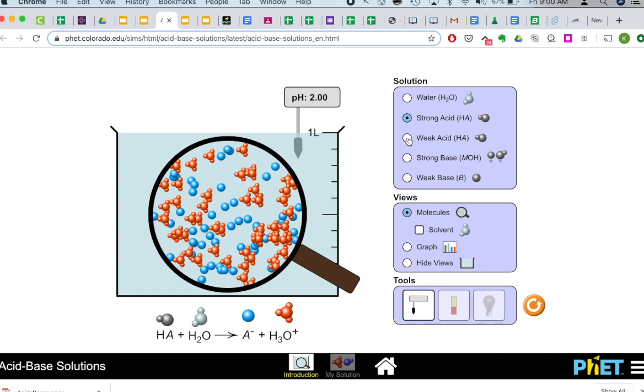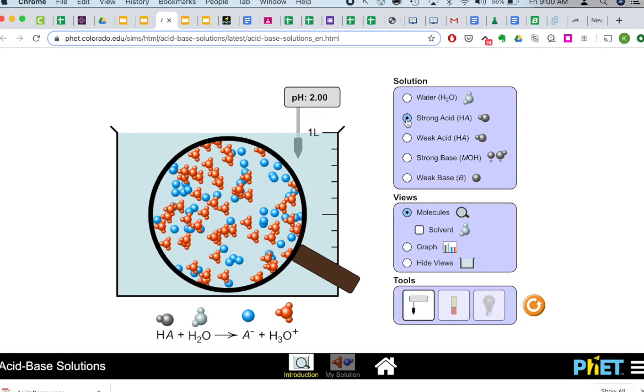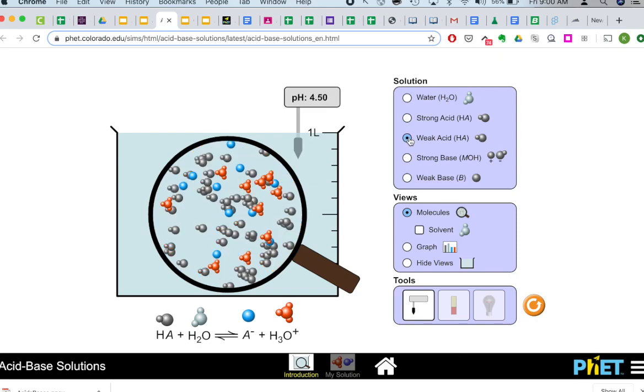Now what about when we have a weak acid in water like acetic acid found in vinegar? Notice that there's plenty of the HA left over, meaning almost all of it stays in this original form. Notice that the hydronium ions are much smaller in concentration, right? As compared to the strong acid, the weak acid only has a small amount of hydronium ions created.